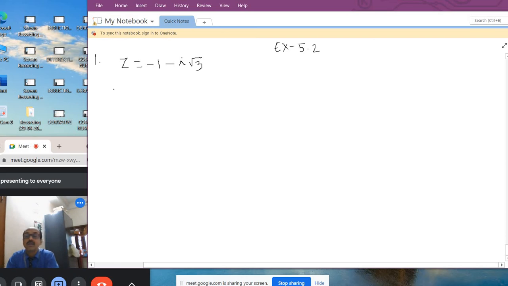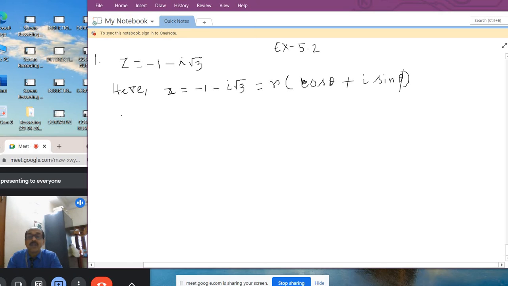Here z equal to -1 minus i root 3 equals modulus-amplitude form r into cos theta plus i sin theta.